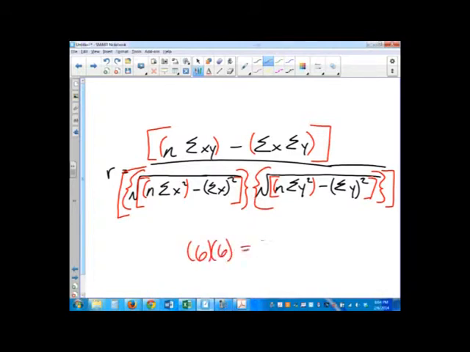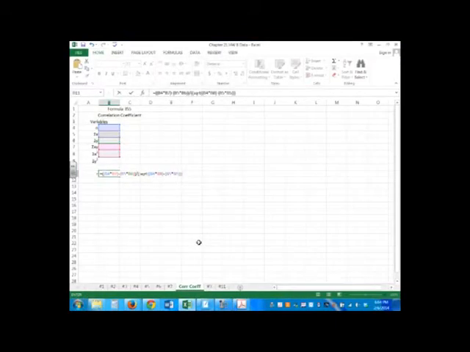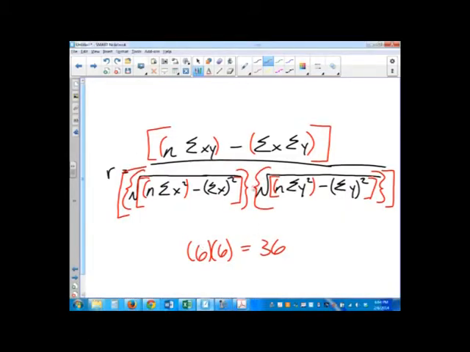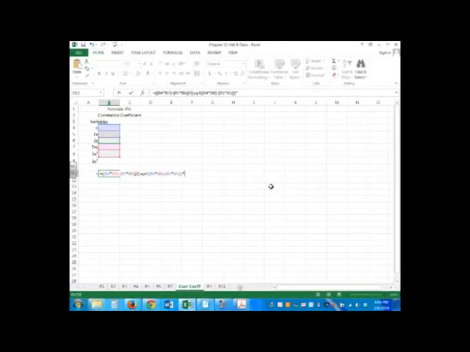And then what do we do here? We're multiplying. Okay, so we're going to multiply that. And then here I did the same thing, one bracket, then the square root, and then two brackets, okay?